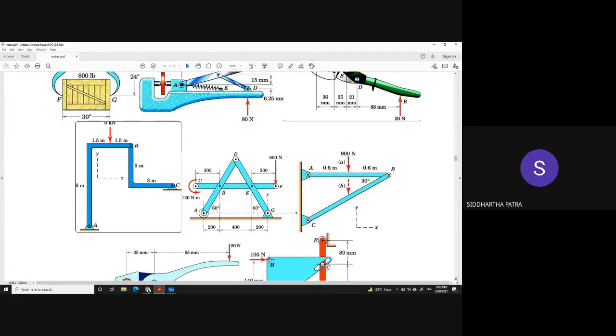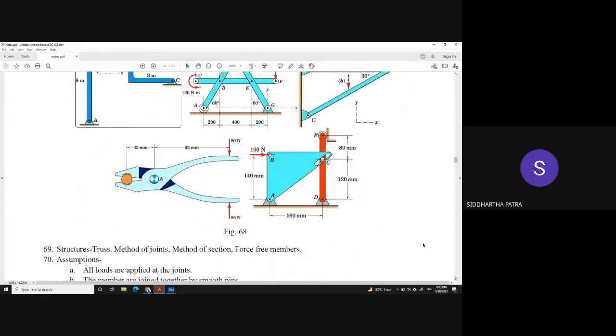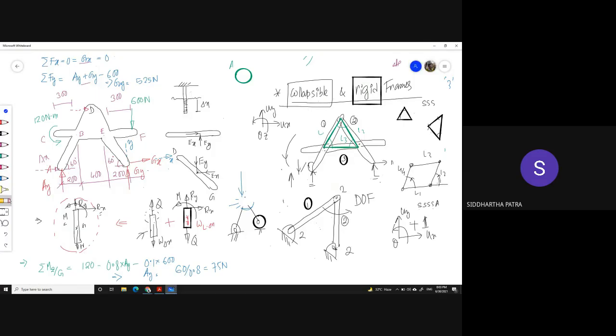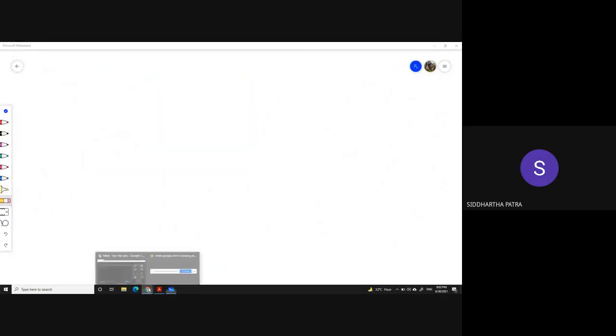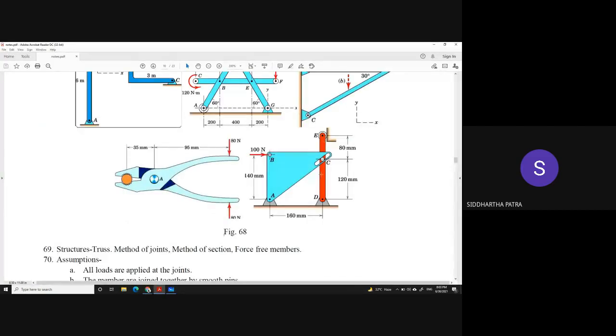So let's look at this problem involving this triangular slotted plate, and this other rigid body right here.